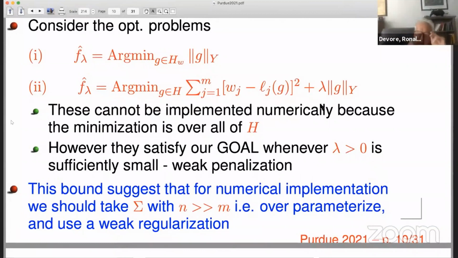So what does this tell me and suggest to me? It says, look here, the problem with this isn't a numerical algorithm because I have to search over all of H here. However, it tells me some information that maybe what they're doing in deep learning makes sense.